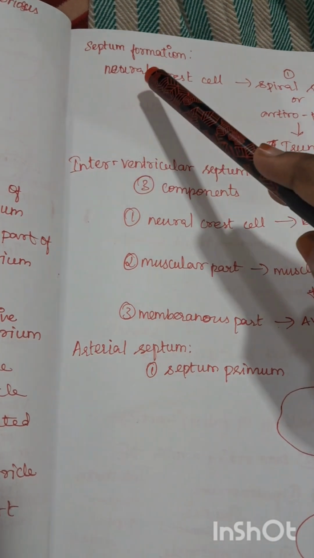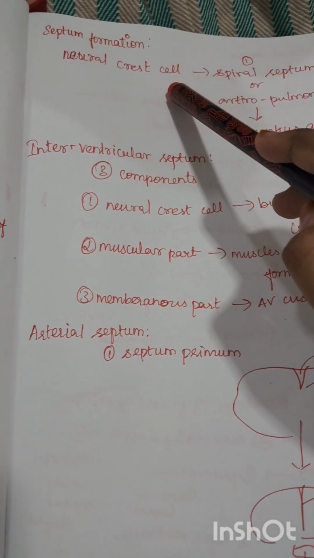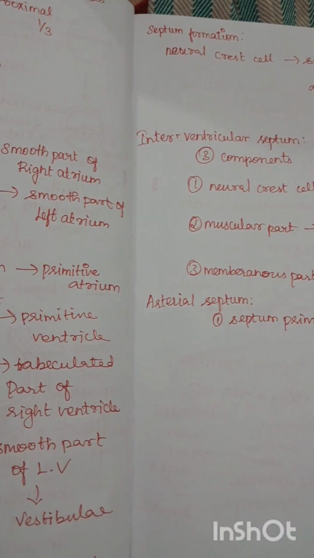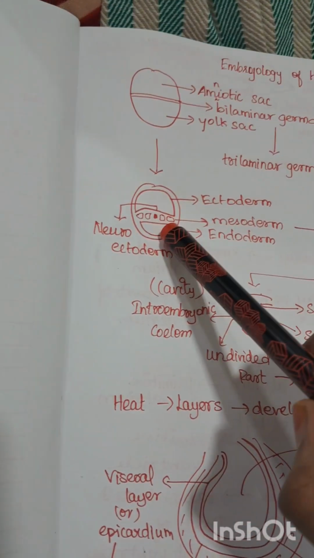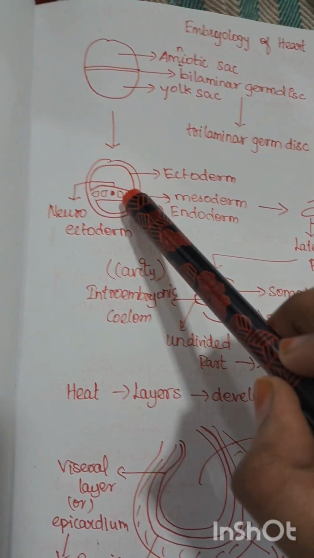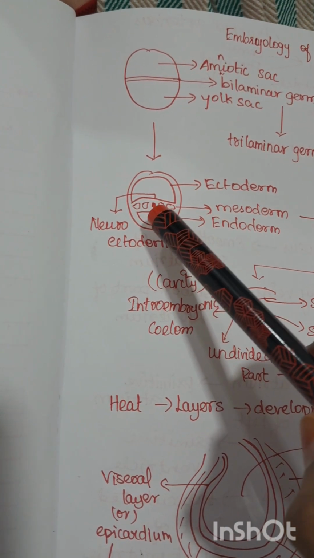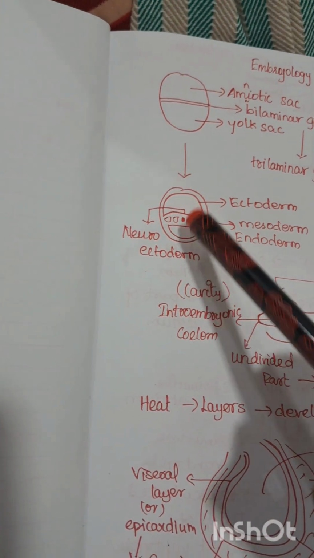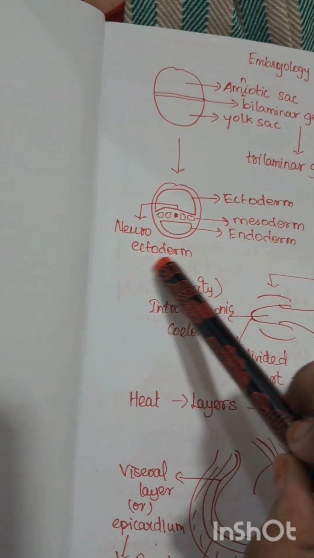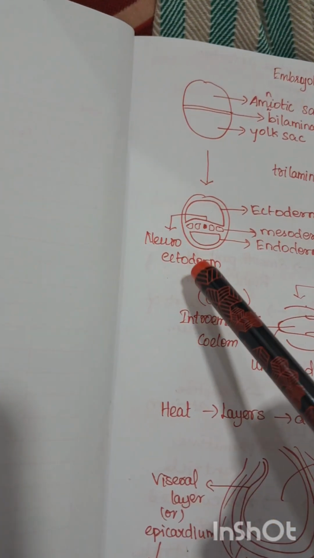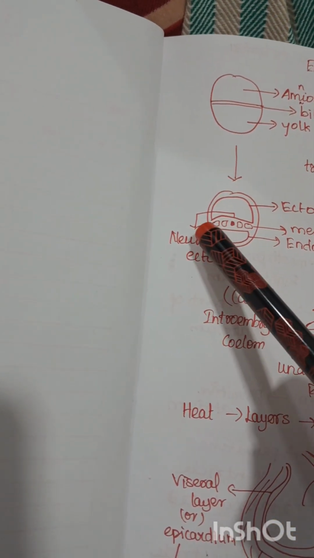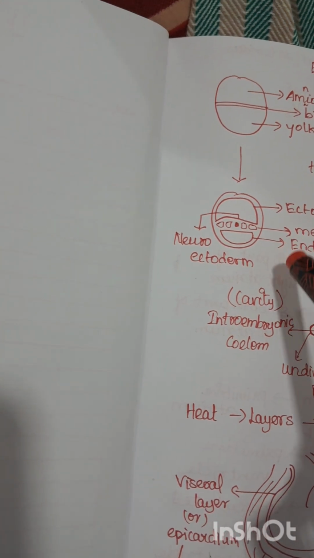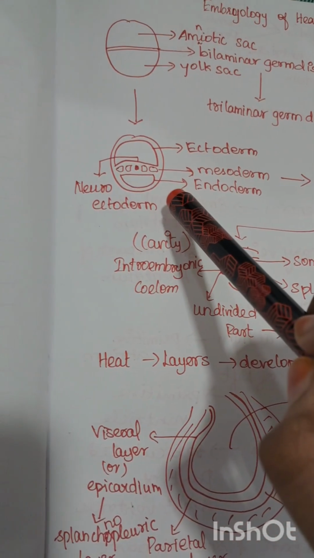Neural crest cells. As I said, the shaded dot is known as the notochord. Above that, the layer of ectoderm is referred to as neuroectoderm. This neuroectoderm separates from the ectoderm to form the neural tube.